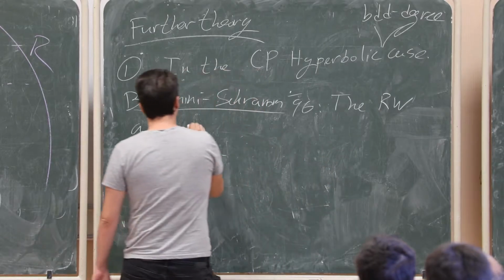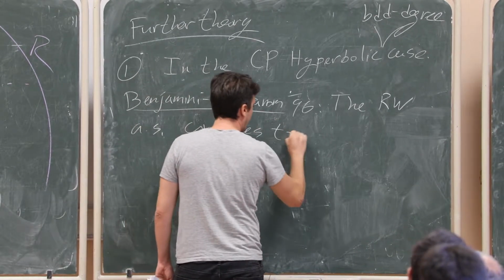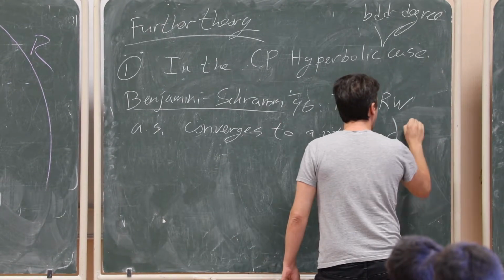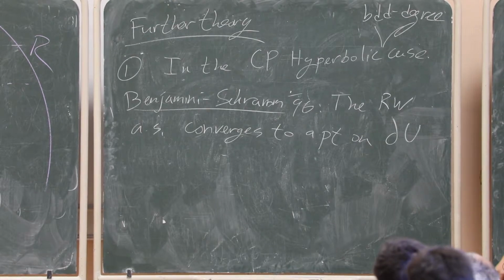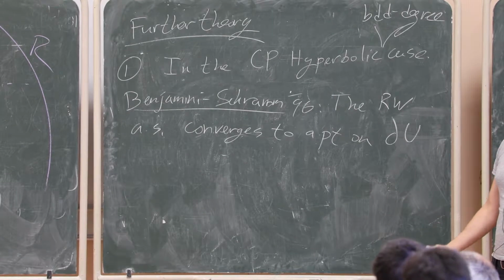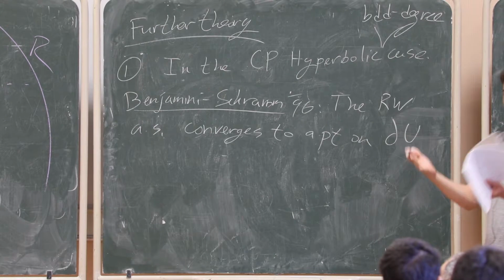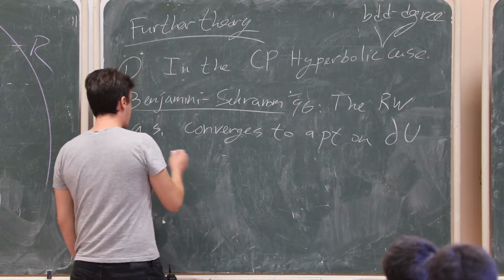The random walker almost surely converges to a point on the boundary of the unit disk U, right? And this exit measure. So if you know that it almost surely converges, you could talk about what this point is, and so you have a measure on the boundary of the disk, and this measure is non-atomic and has full support.